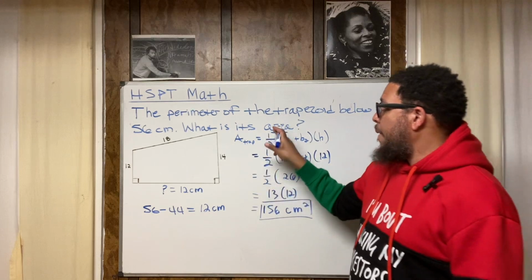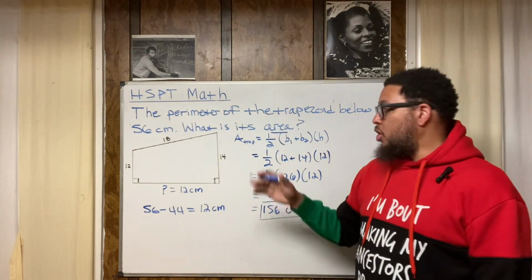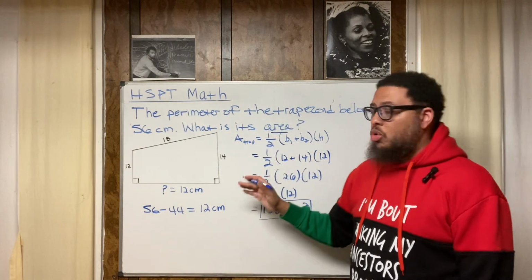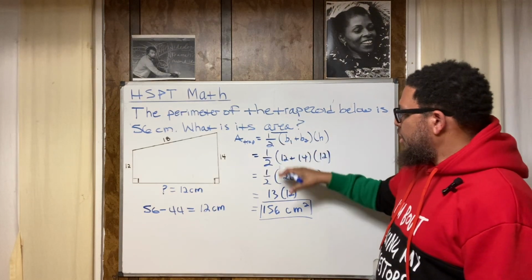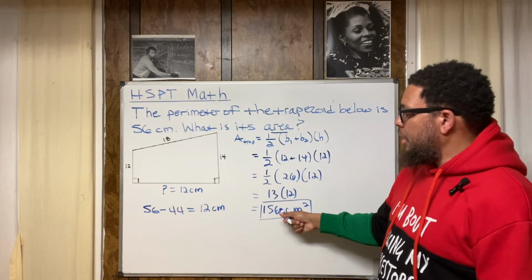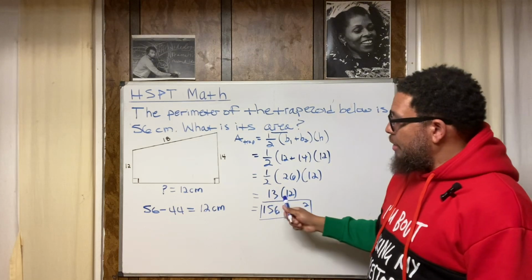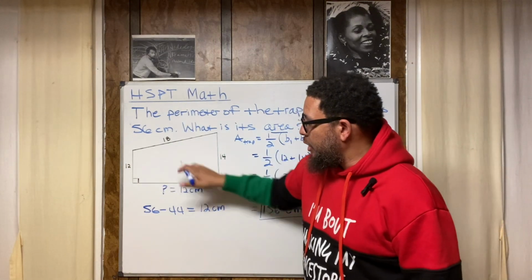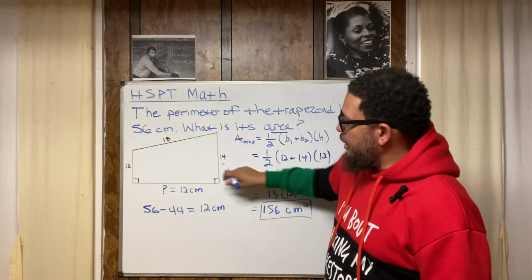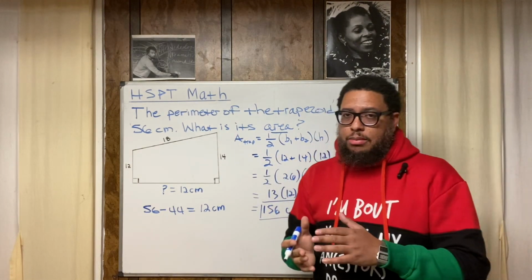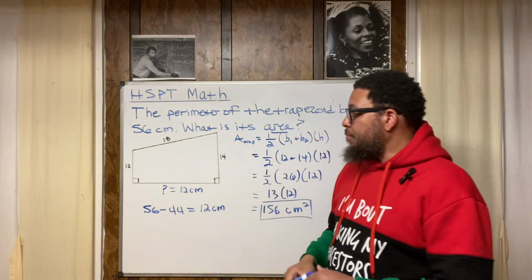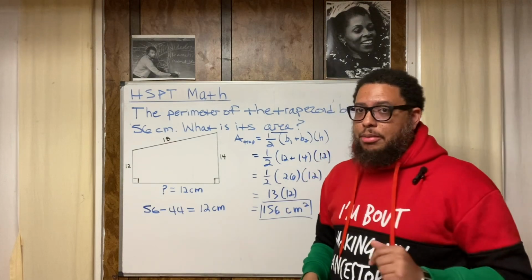Now, let me tell you real quick, what does area mean? It's great to know how to find the area of a trapezoid, how to plug the numbers in and do all the math, but what does this number mean? It means that on the face of this trapezoid, we can fit 156 squares side by side with no gaps in between them, 156 squares that are 1 centimeter by 1 centimeter.